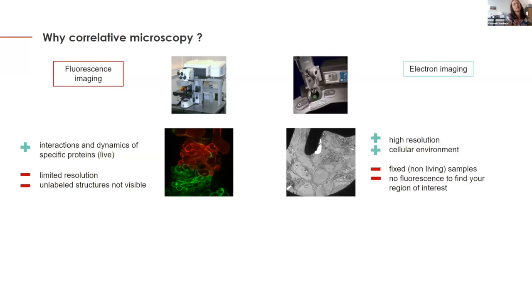With electron imaging, on the other hand, you have high resolution imaging and you have the cellular environment, but you need to work with non-living, fixed samples, and as you can see, there is no more fluorescence to find the region of interest.